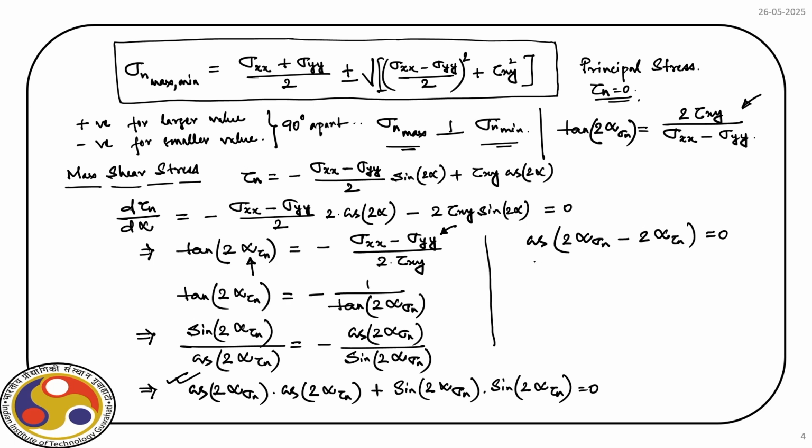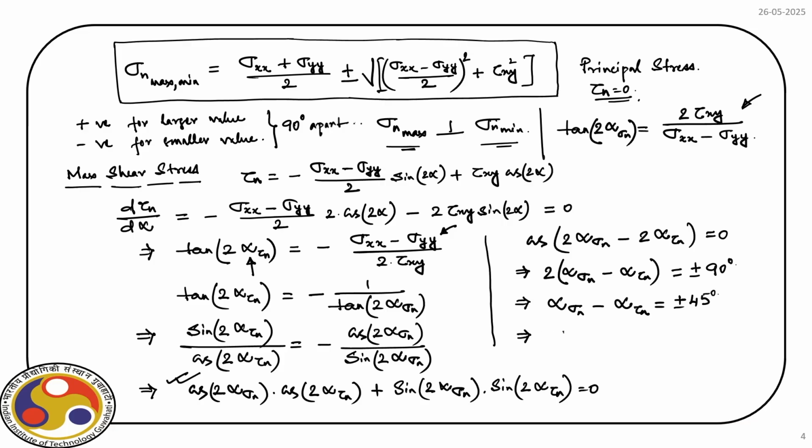So, now what we can conclude is that twice alpha sigma n minus alpha tau n, this is equal to plus minus of 90 degree, or in other words, alpha sigma n minus alpha tau n is equal to plus minus 45 degree.